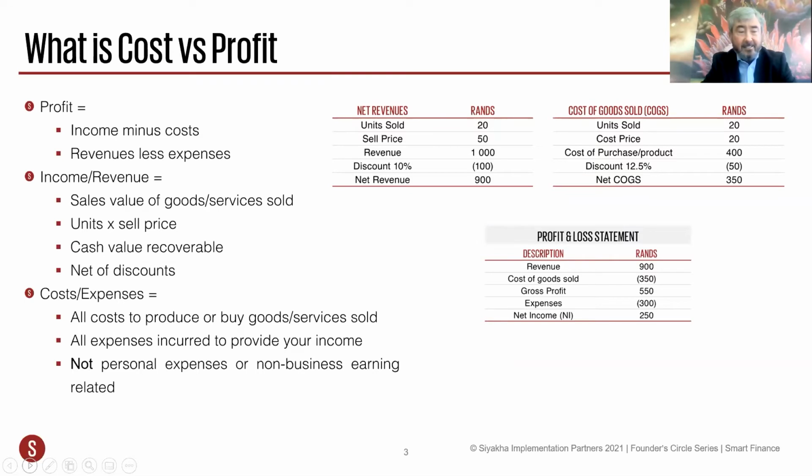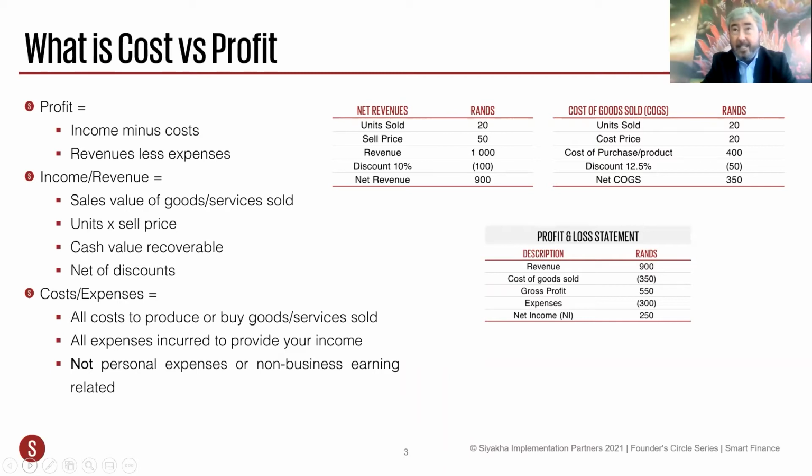And essentially, the true measure then is, what is the cash that you actually receive at the end of the day? So maybe there's some discounts that you give that you may have to also reflect in there. So if you have a look at that little box on the right-hand side, you'll see there a little chart that just shows you how to do the calc. So units sold times selling price, 20 times 50 would give you the revenue, 1,000 Rand.